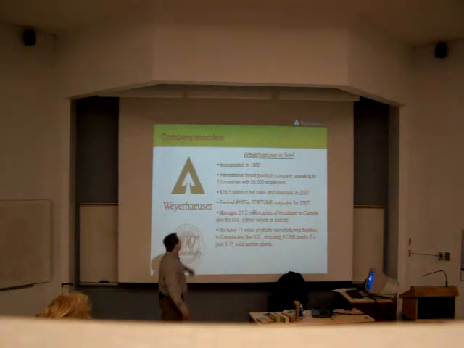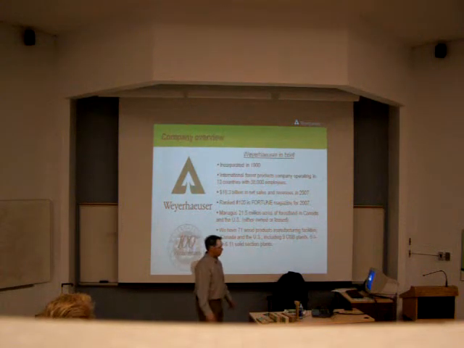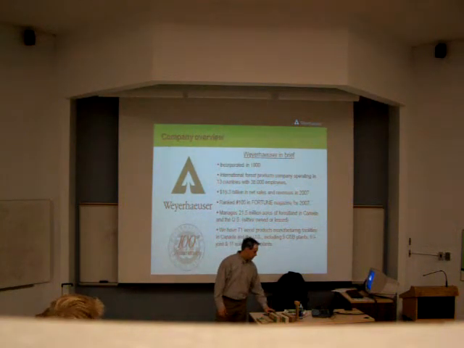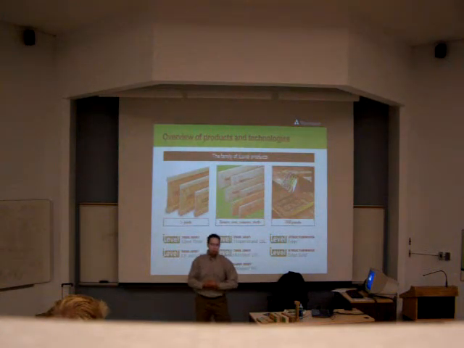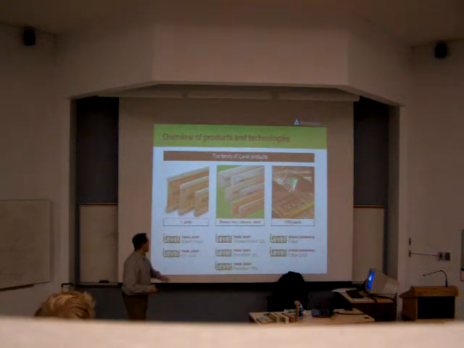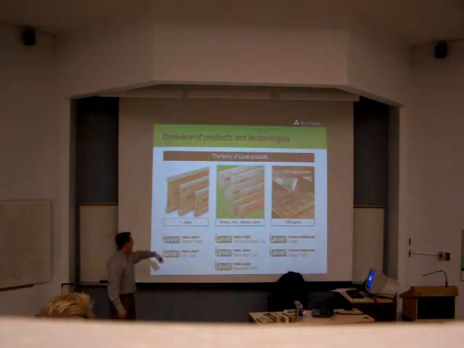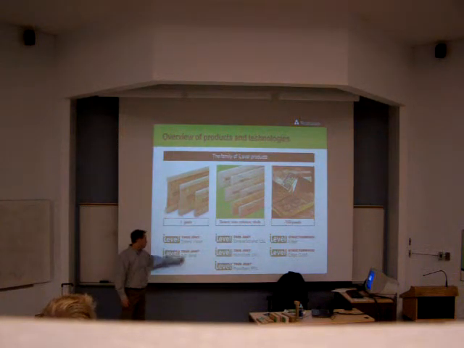So I won't spend too much time here, but again, Weyerhaeuser is a big company, a Fortune 500 company, with a whole bunch of employees and all that kind of stuff. So this is the family of products that we carry under the iLevel brand. We manufacture I-joists, which we call TJIs. You may recognize that trade name, or Silent Floor, another trade name.